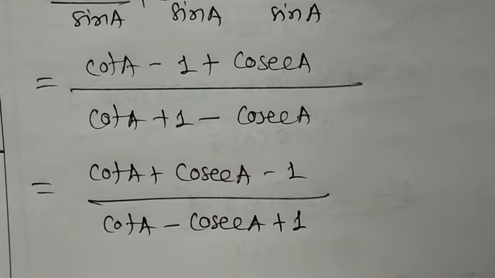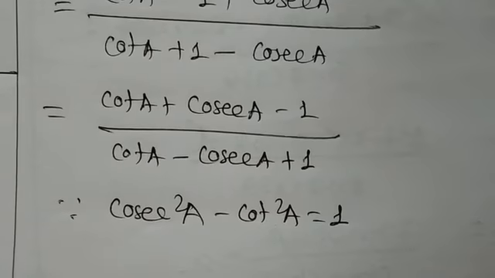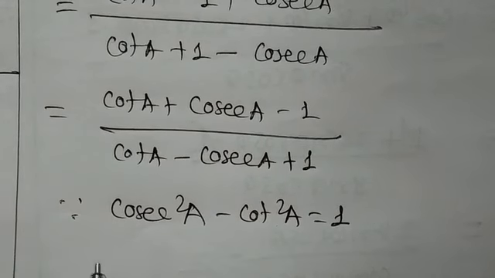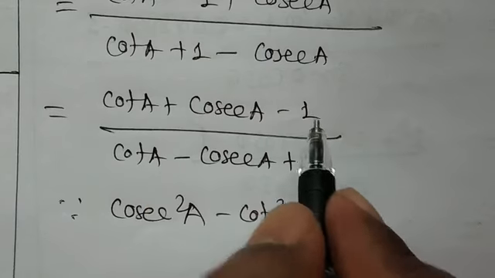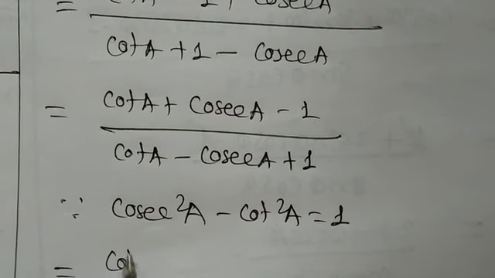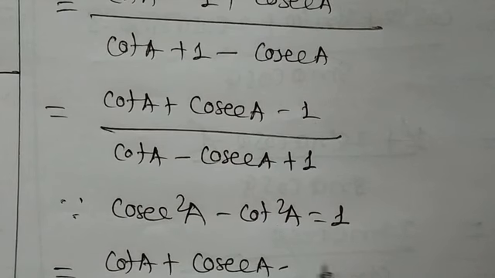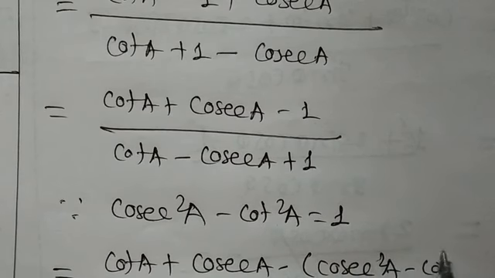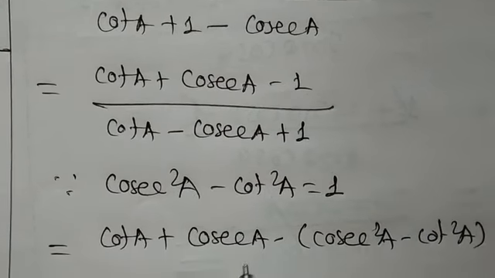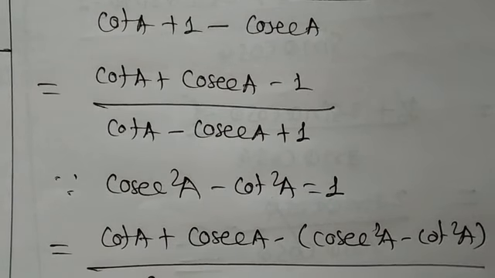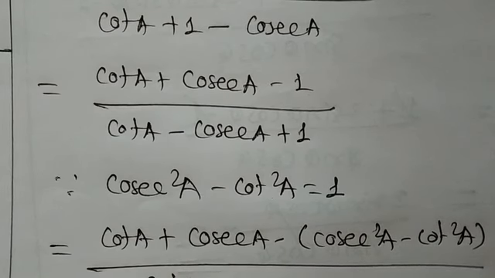You know the identity that cosec square A minus cot square A equals 1, so use it here. Then cot A plus cosec A minus cosec square A minus cot square A upon cot A minus cosec A plus 1.